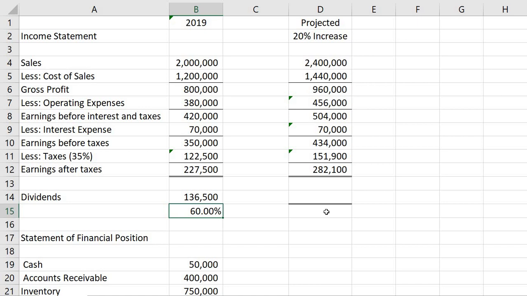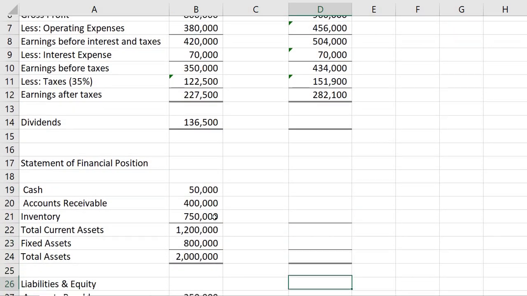Normally, when nothing is stated, our basis for the dividend payout ratio and the retention ratio is the original or historical data. So, we'll just leave it blank for now.